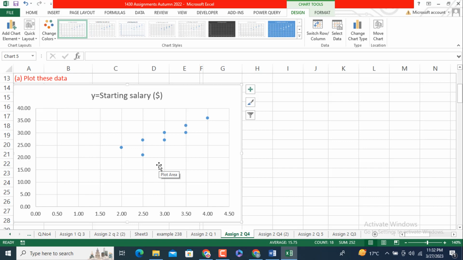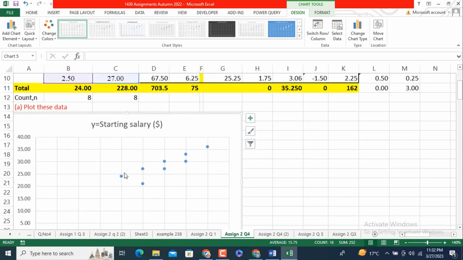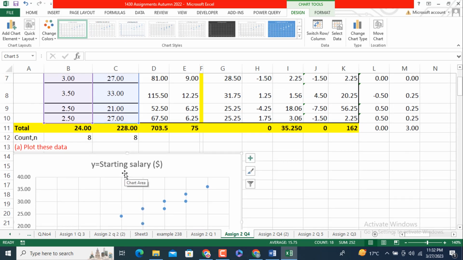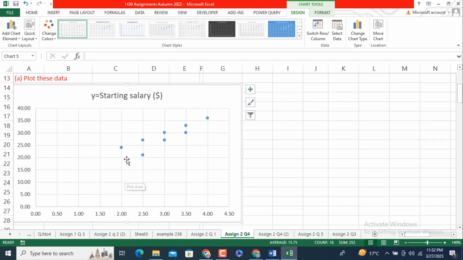Why are we choosing the scatter diagram? Because the scatter diagram helps you identify the relationship between two variables or multiple variables. Look at this. Here you can observe that each dot is a pair of x values and y values, x coordinates and y coordinates.